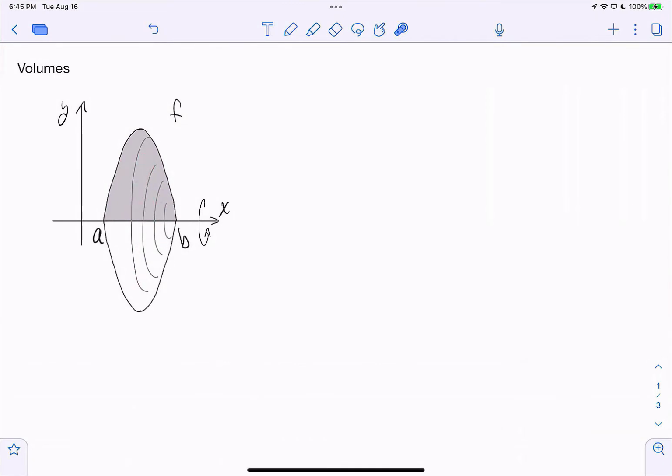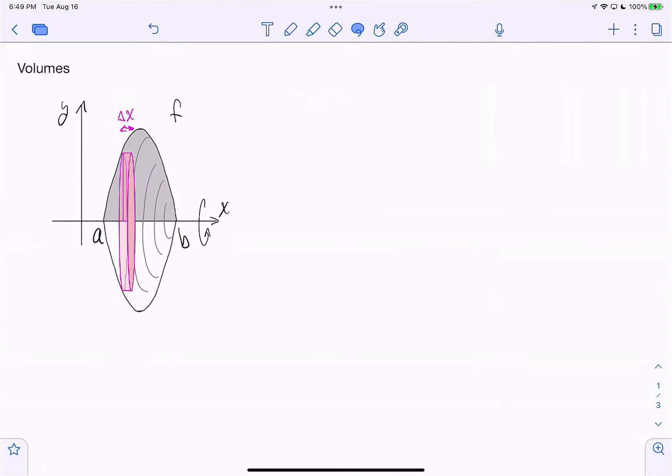And in order to consider how we're going to come up with a volume of such an object, we're going to consider what happens with a representative rectangle. Now, this rectangle has a width of delta x, and as we rotate that about the x-axis, it forms a disk in space.